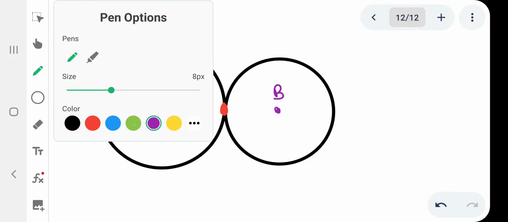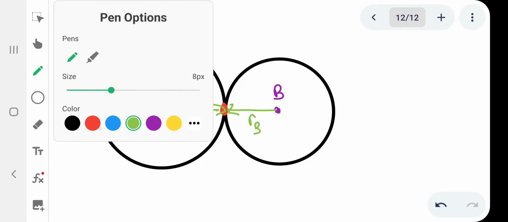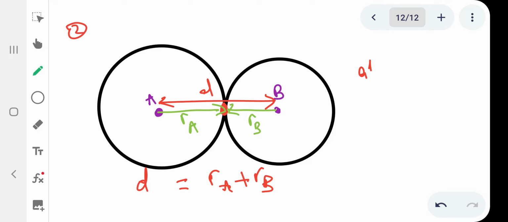And now check the radius of the two, the radius of B and the radius of A. After that, you calculate the distance between the two, the distance between A and B, right? So now check whether the distance is equal to the summation of RA and RB. It means they intersect at one point. This is because the distance between the centers is equal to the summation of the two radii. So they intersect at one point.